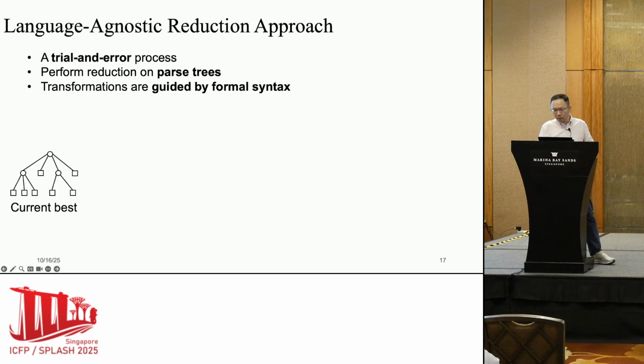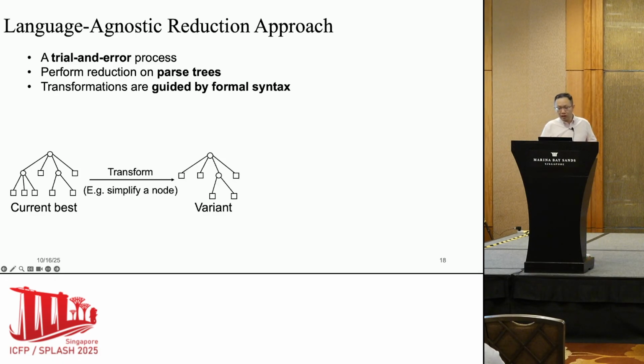So to avoid wasting time on syntactically invalid program variants, a lot of approaches also use the formal syntax to guide this kind of reduction. The figure on this slide shows the typical workflow of the reducers.